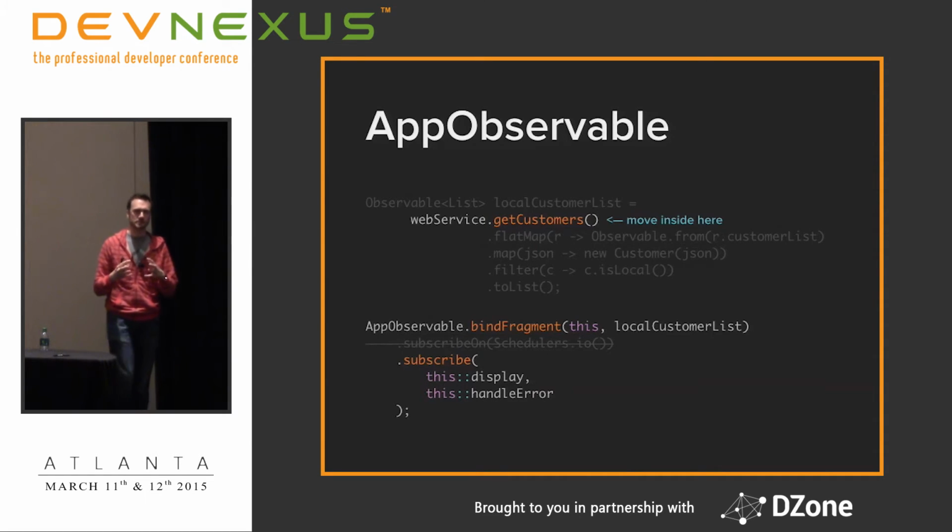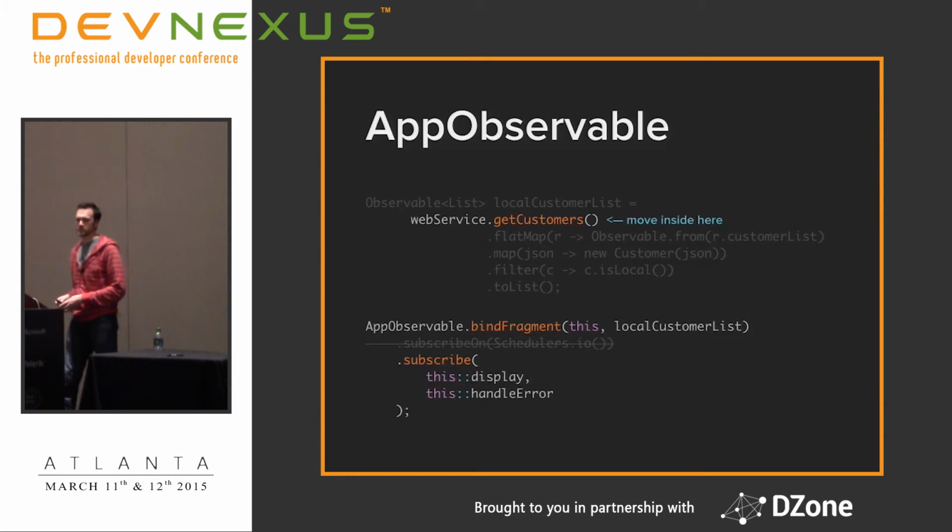It's an observable itself. It's probably best if you tack that subscribe on IO thread pool inside of here, so you don't have to really think about it again. Everywhere that is making use of this web service, it's automatically going to happen on a background thread pool, and it's out of your mind, and you've taken care of it once, and it's done.